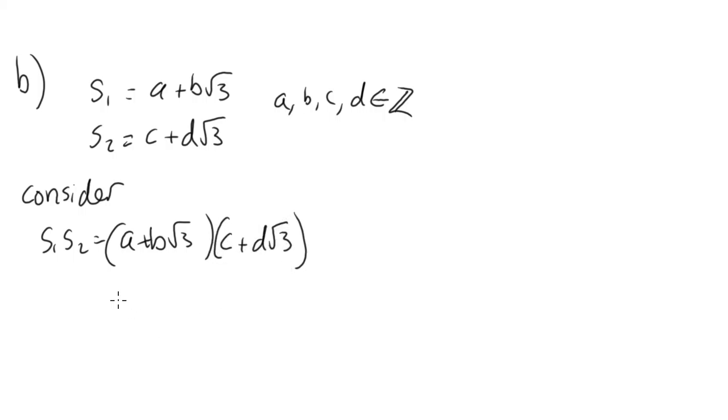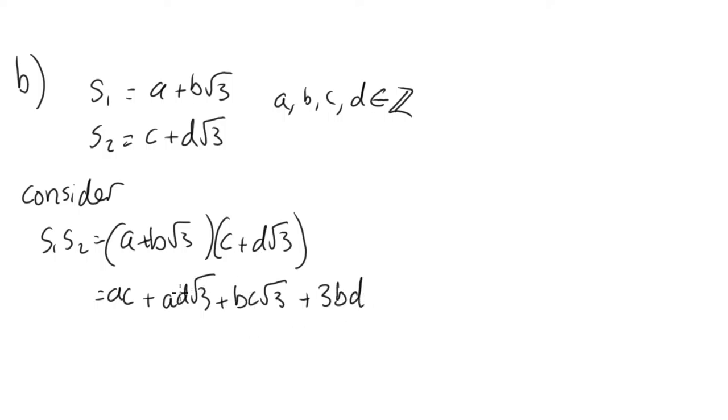We can expand that out, and we get AC plus AD root 3 plus BC root 3 plus 3BD.